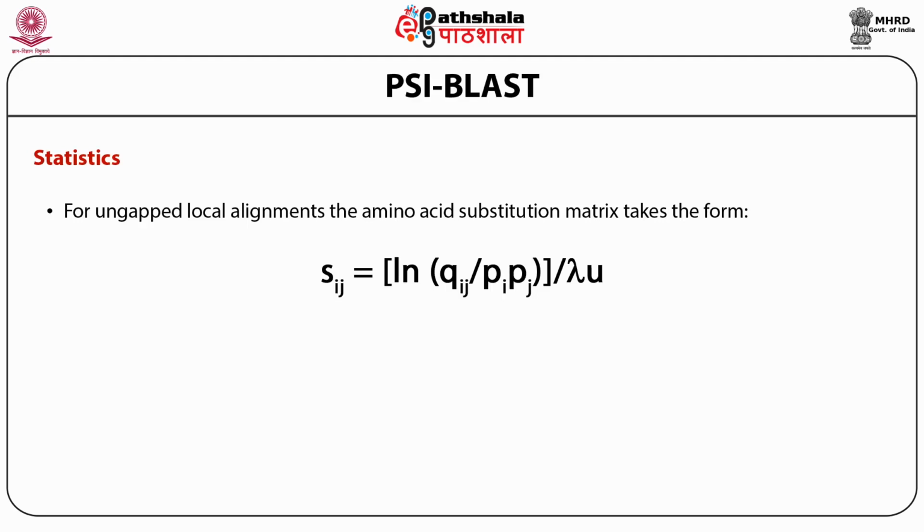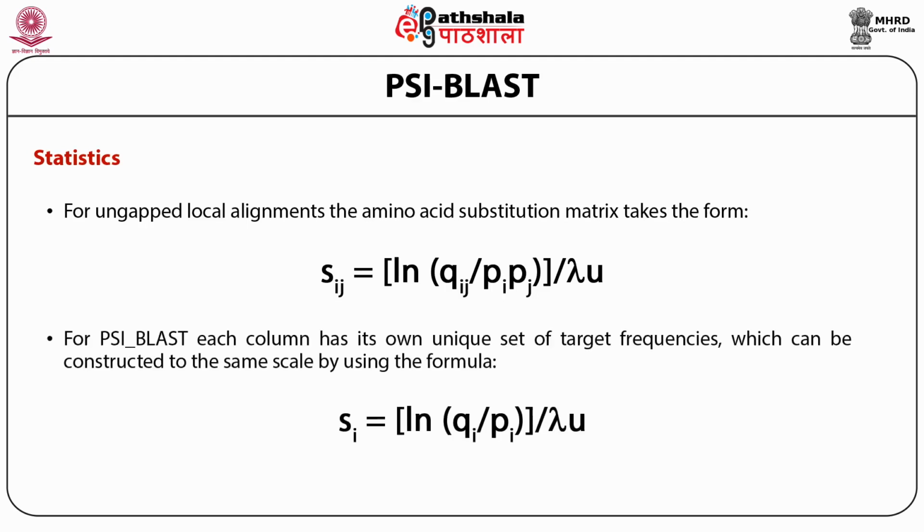For normalization, this is divided by the lambda parameter. In PSI-BLAST, each column has its unique set of target frequencies, which can be constructed into the same scale by that formula. Si is ln Qi by Pi, where Qi is the particular frequency of amino acid i, and Pi is the corresponding background, scaled by lambda u, and I get Si, the relative weight of the PSWM which is generated.